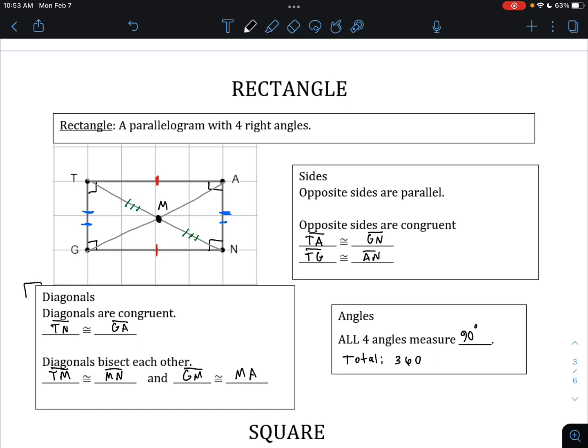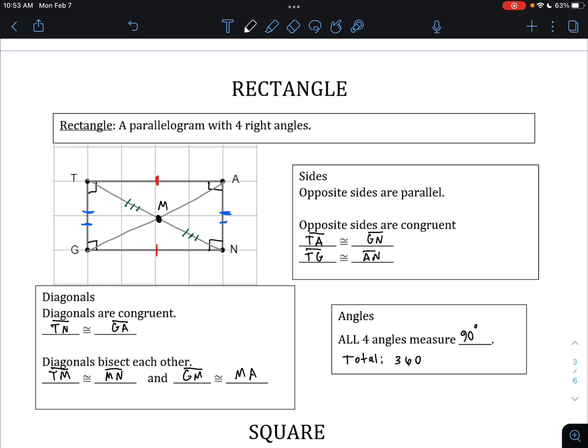And I want to pause for a second and think about what these two things tell us specifically. So I know that the diagonals are congruent. So GA and TN are the same. Well then, since M is the midpoint, I know that TM and MN are the same.